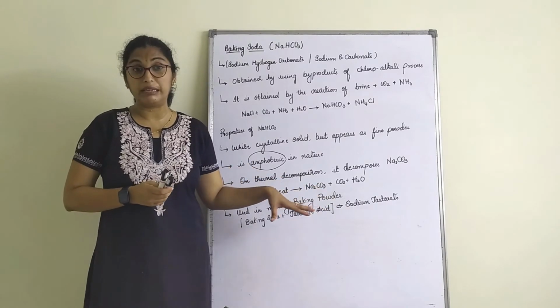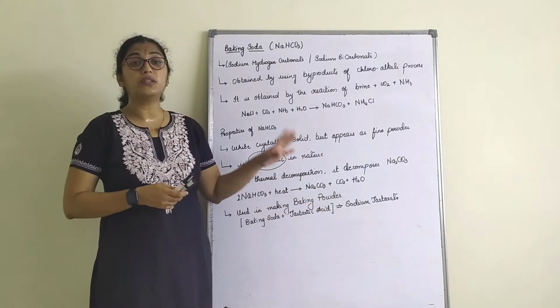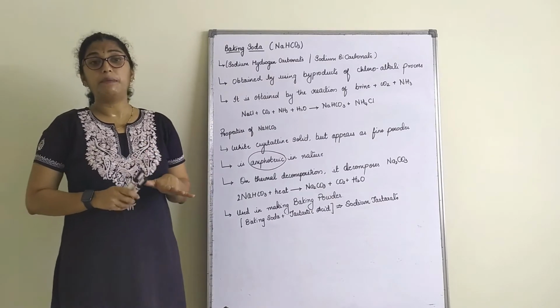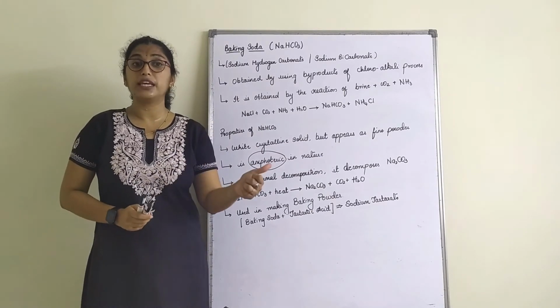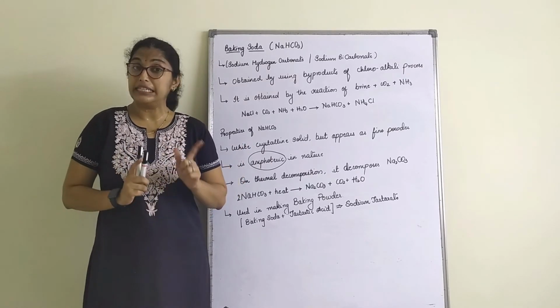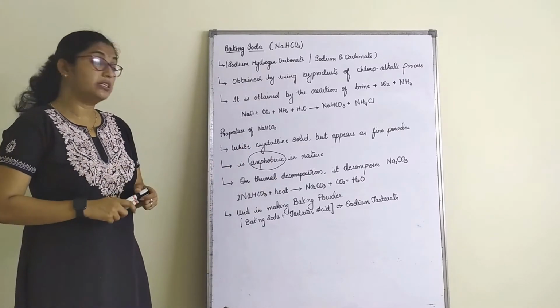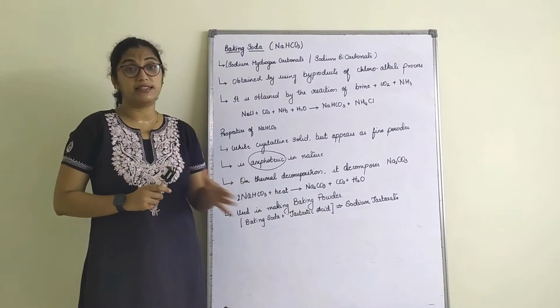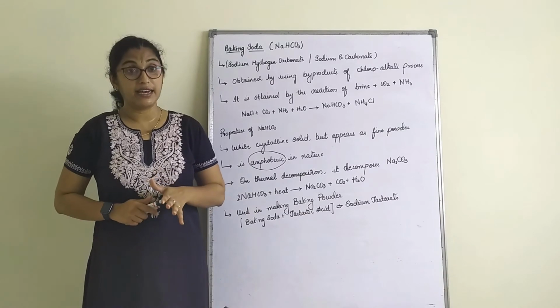This is very important. Baking powder is different from baking soda. If you have ever noticed, while preparing cake, we use baking soda as well as baking powder. Both are different ingredients. Baking powder is a mixture of baking soda and an edible acid which is called tartaric acid.